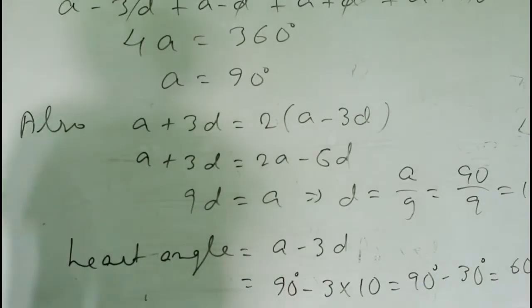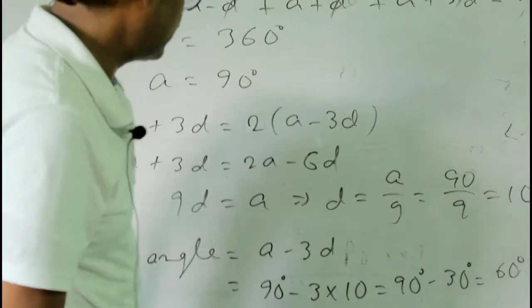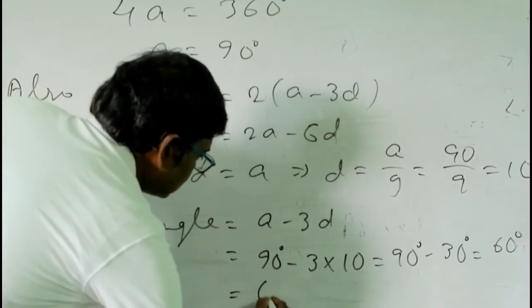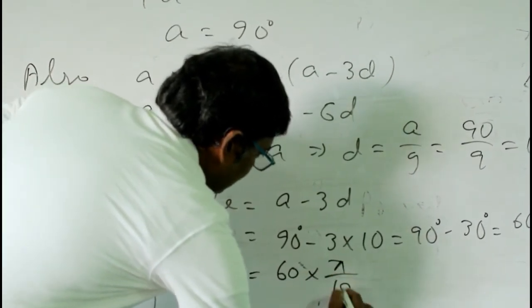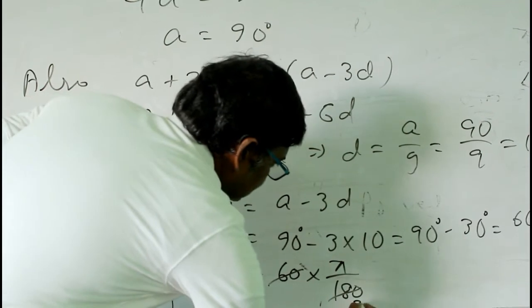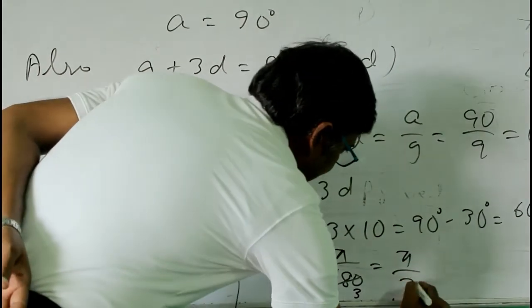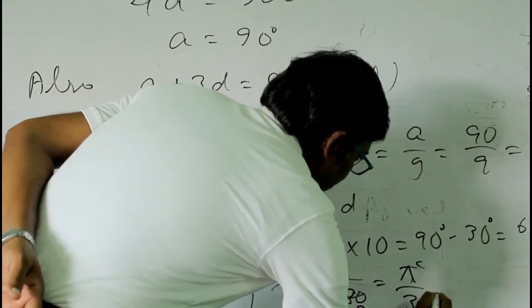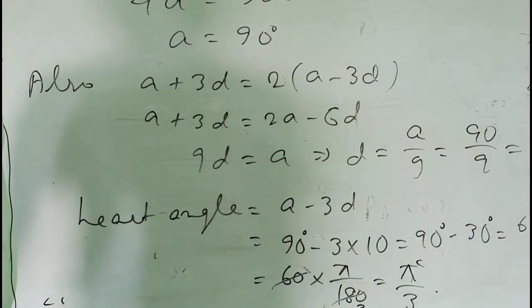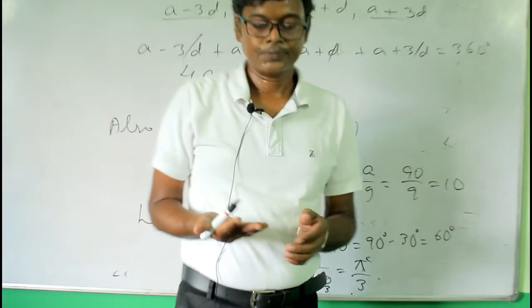Now convert this degree into radian measure. So it will be 60 into pi by 180 radians, that is pi by 3 radians. So this is the answer of this question.